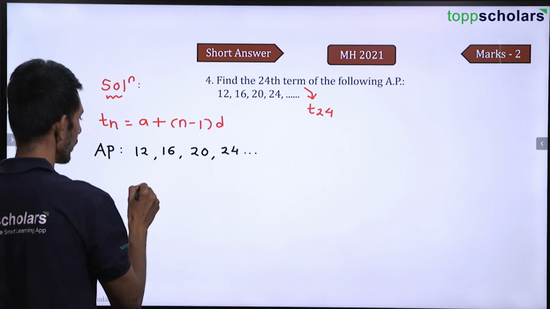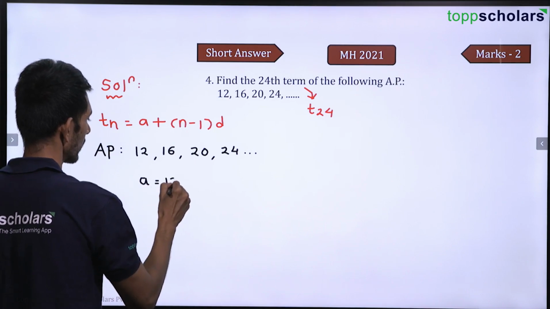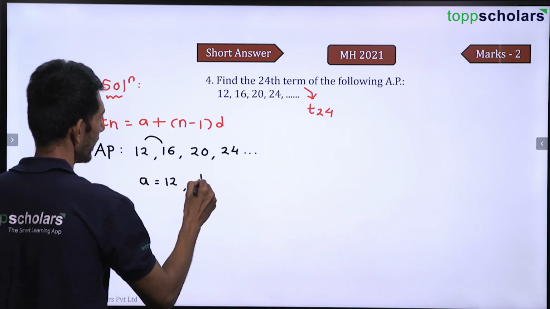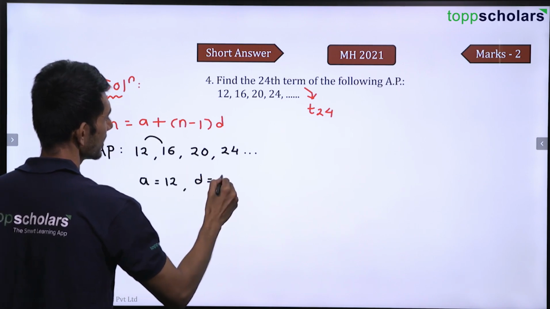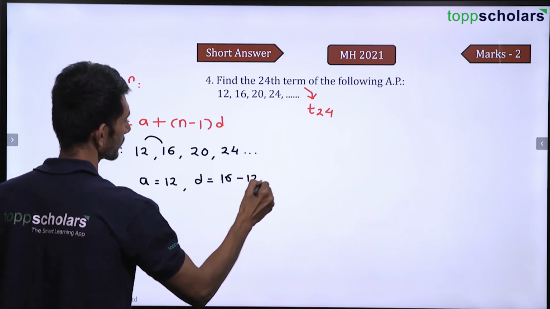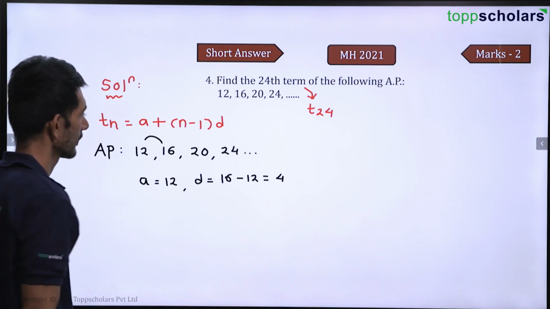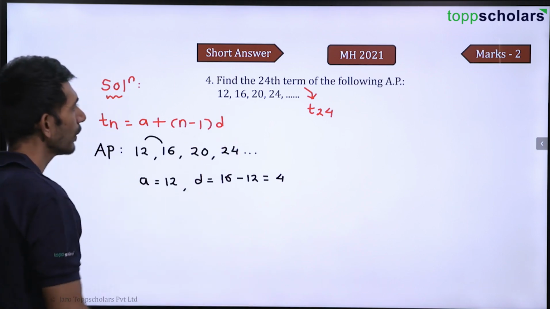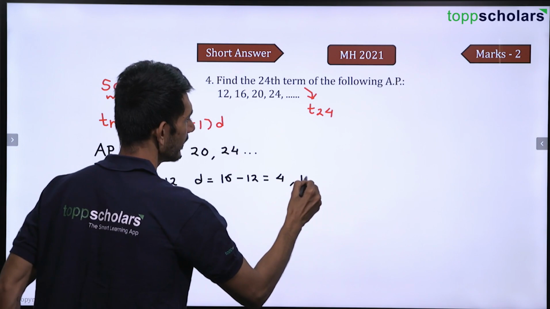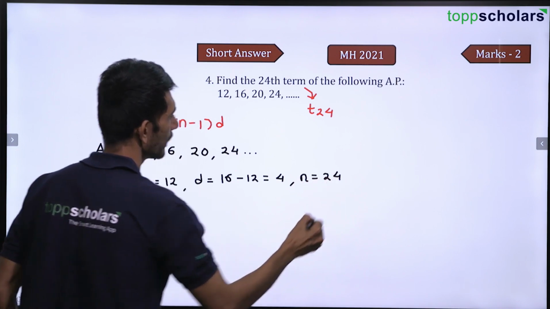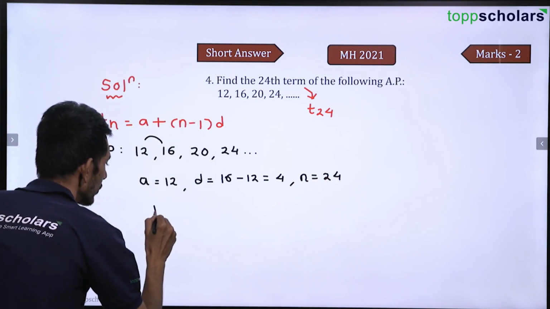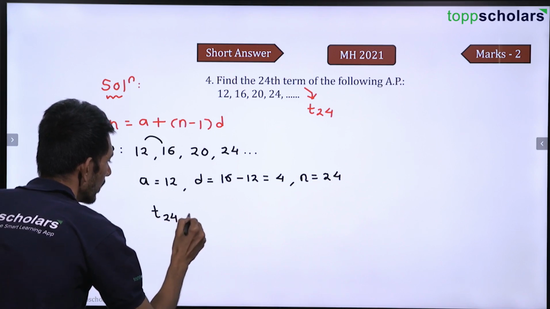What is the value of A over here? The value of A is 12. What is the value of D over here? 16 minus 12, right? We are supposed to find out T24. So can I say N is equal to 24? So what will be T24?